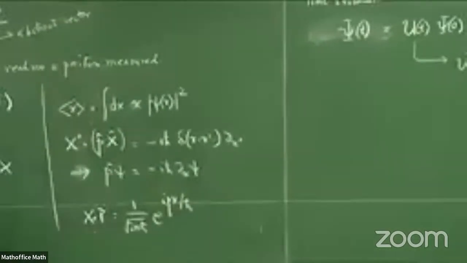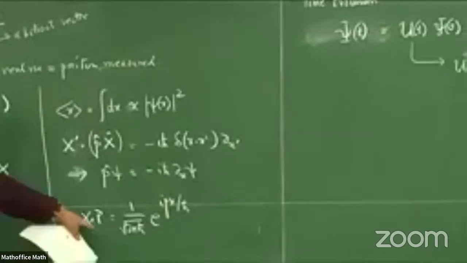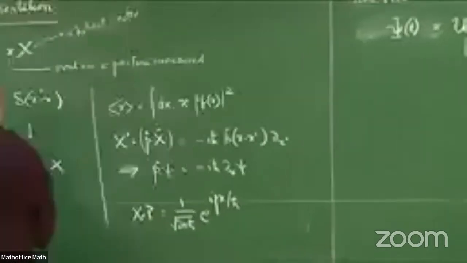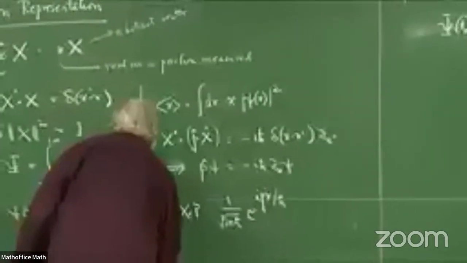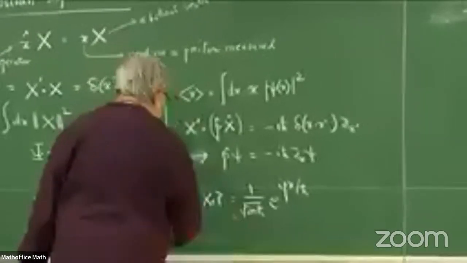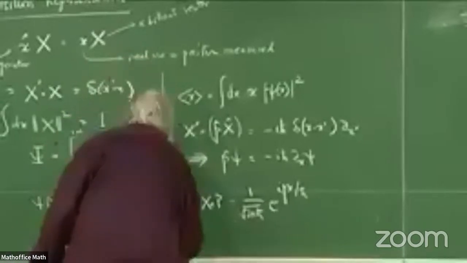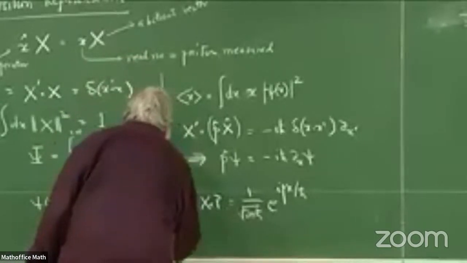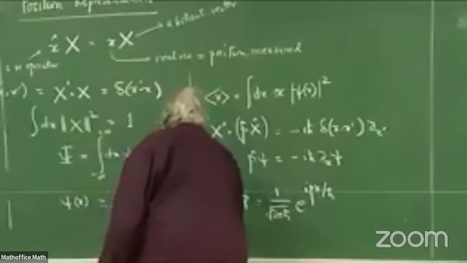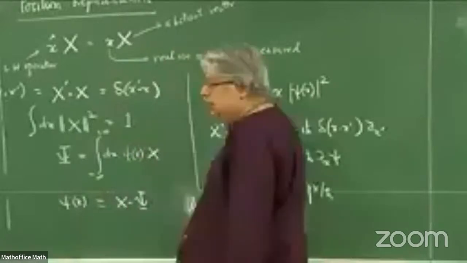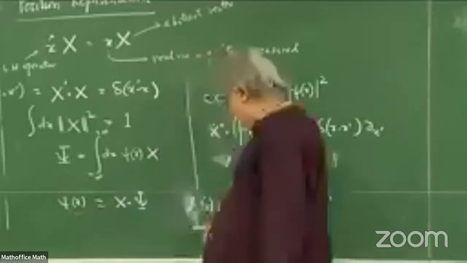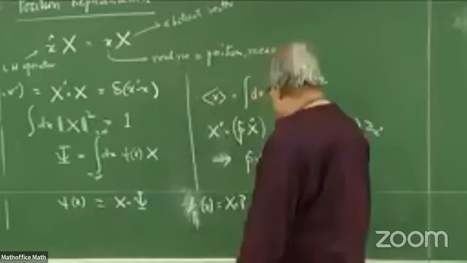So the inner product of this is nothing but, I define psi of x as the inner product of x with psi. This is the momentum eigenstate. This is the psi, like an ordinary wave function.